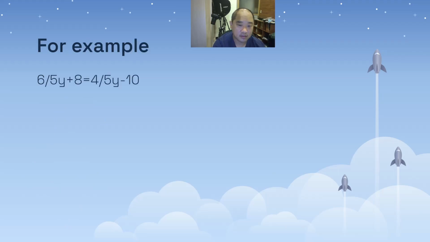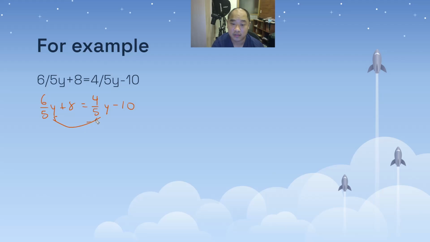Okay. Here's another example. Sometimes there's fractions. What a pain. 6 over 5y plus 8 equals 4 over 5y minus 10. So again, I would move this to this side because then we would have a positive, right?